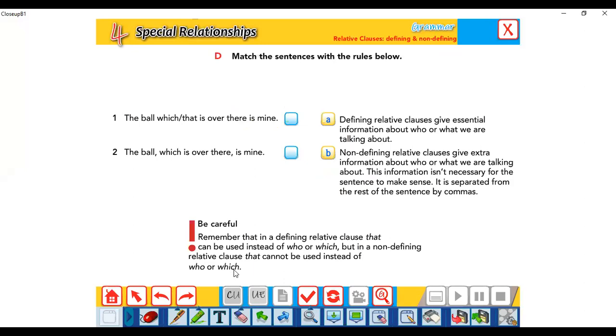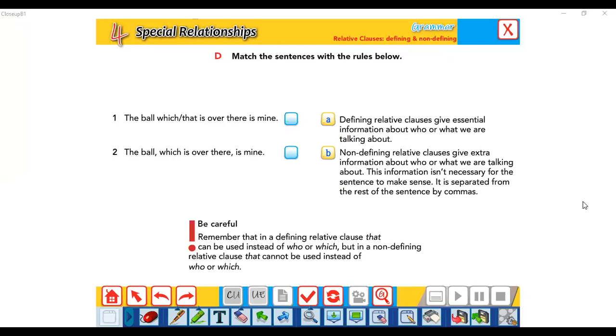Okay? The next: match the sentences with the rules below. The pole which that is over there is mine. The pole, which is over there, is mine. Which one, the first sentence, is it a defining relative clause or non-defining relative clause? You can raise your hands. Yes, we have Malak Gamal. Yes, Malak? Hello, my dear.